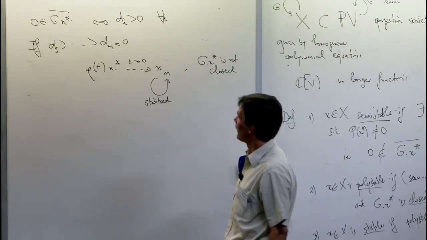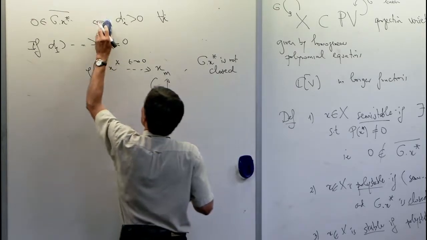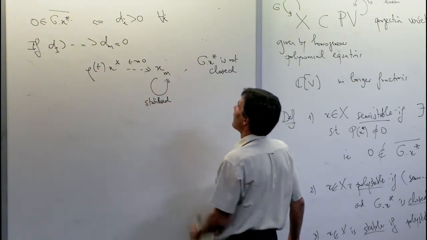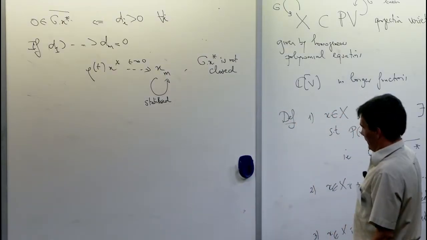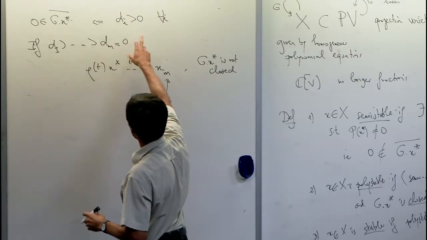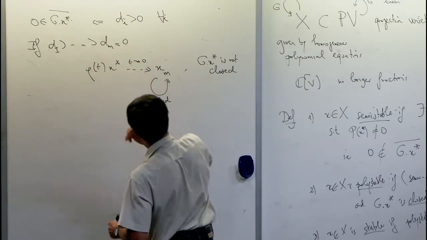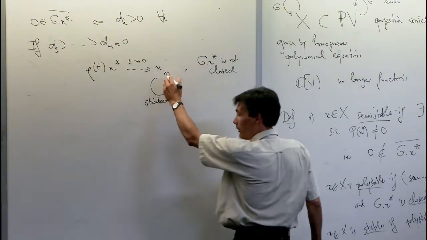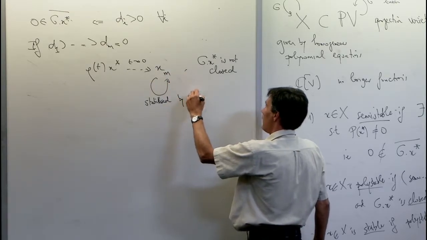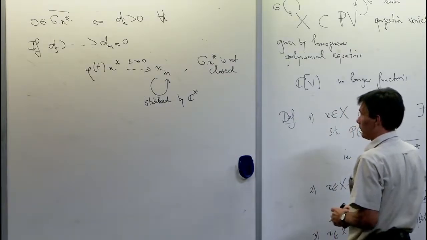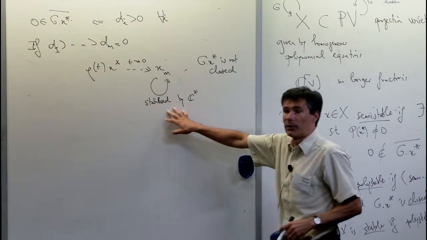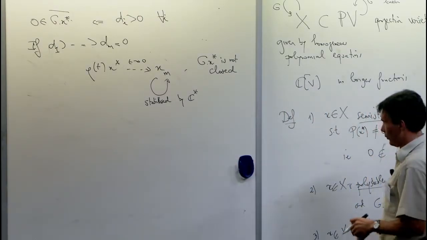Yes, you get an if and only if there. So if they are not all positive and the smallest one is 0, then I have a limit point, which is obviously stabilized by C star. Here I contradict semi-stability, and here I contradict stability, because I have something non-trivial in the stabilizer.